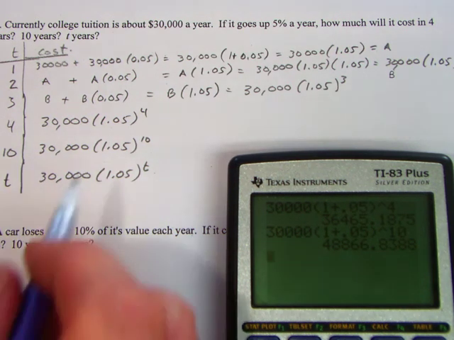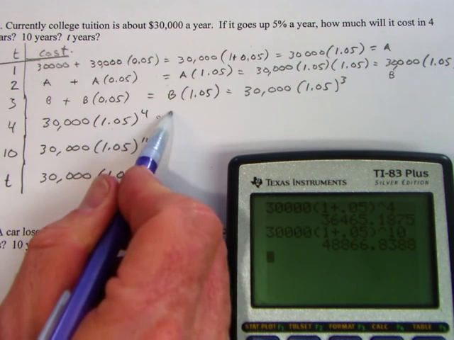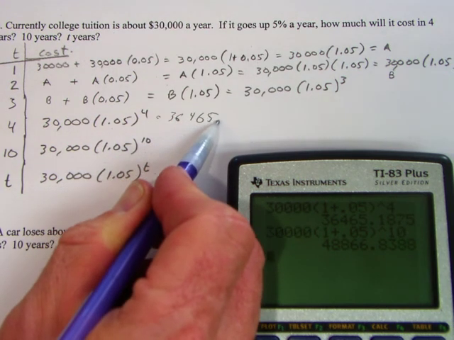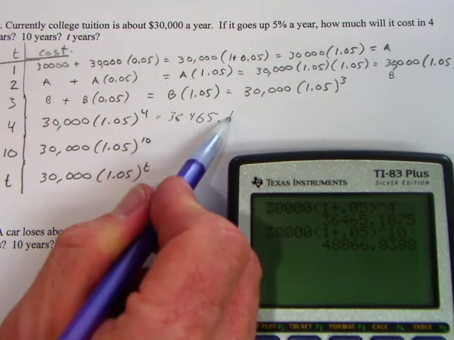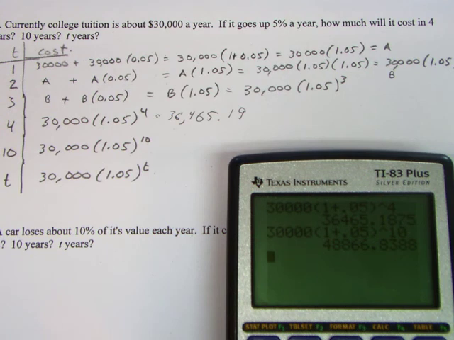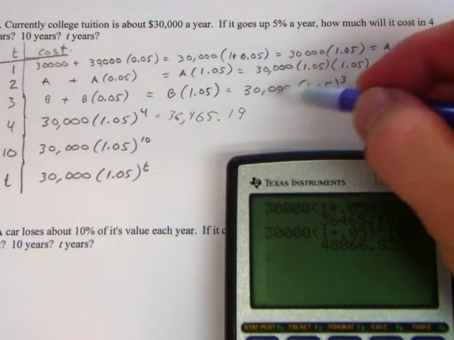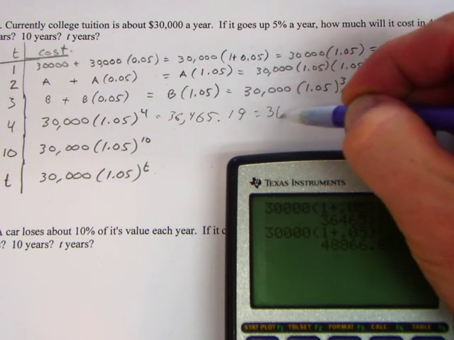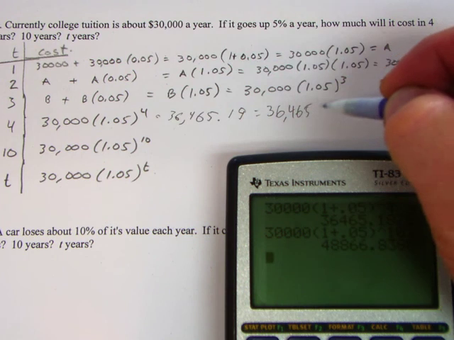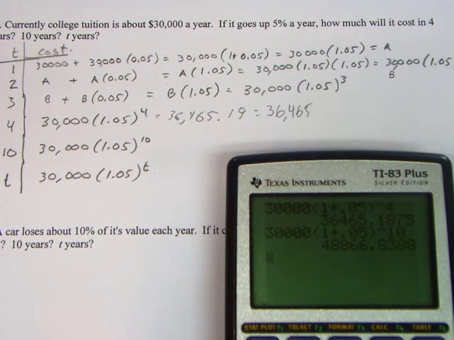And you get that this first one is 36465.19. Now this 0.19 is probably a little bit too accurate, so it'd probably be best to say that this is 36465. Just round it to the nearest whole number in this case.